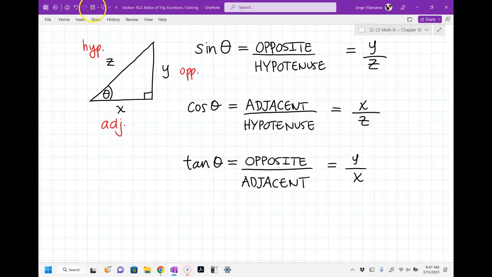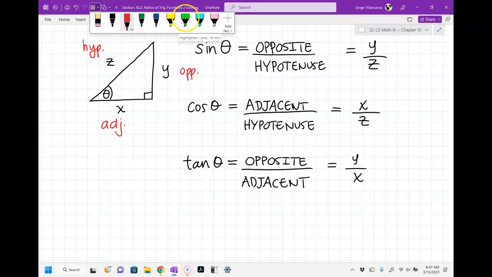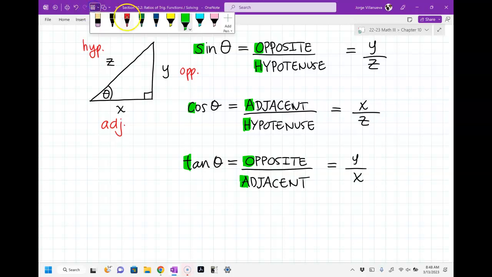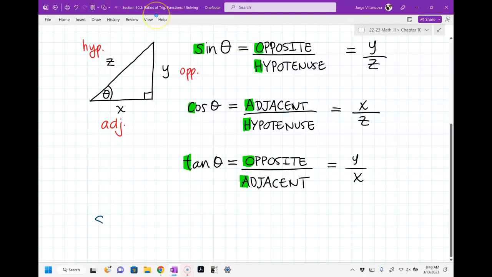And then the thing that you usually learned from geometry, at least I think you did. If you take these letters and write them out, this is a lot of times what they teach you in geometry.